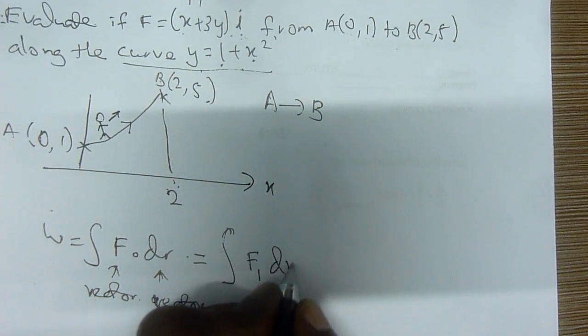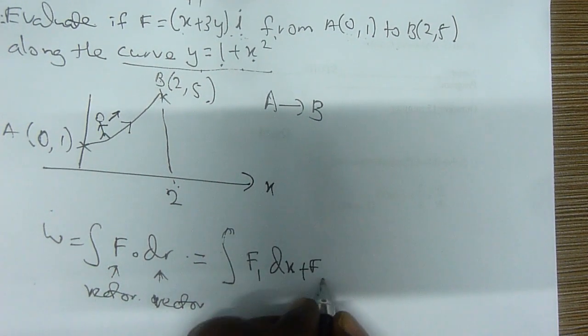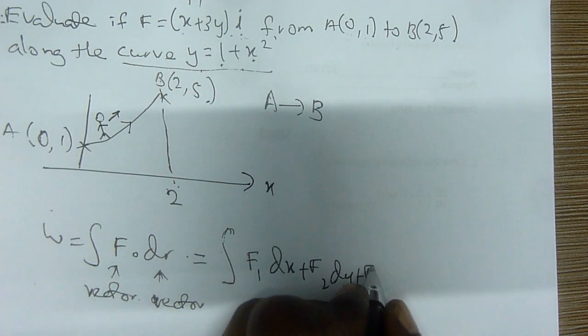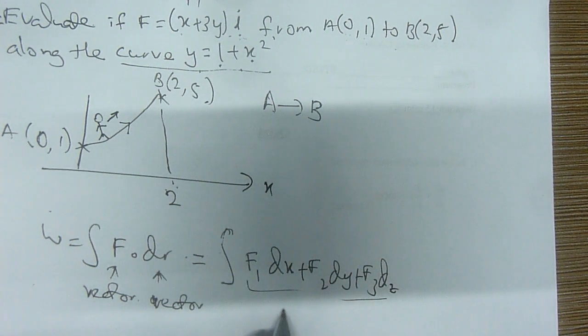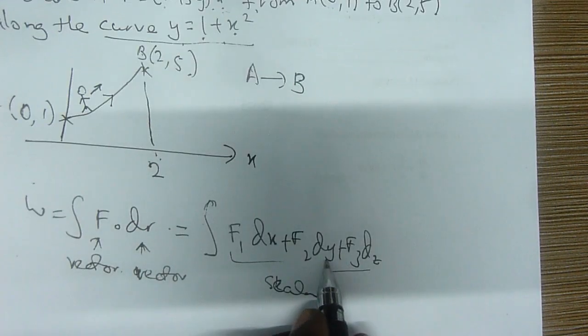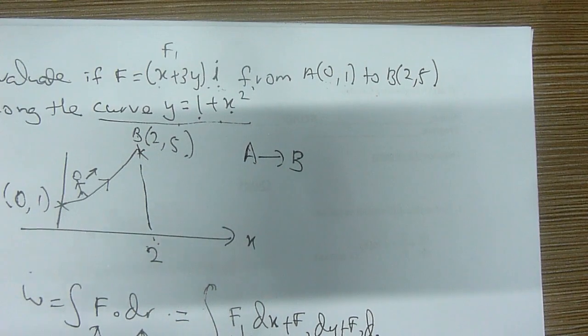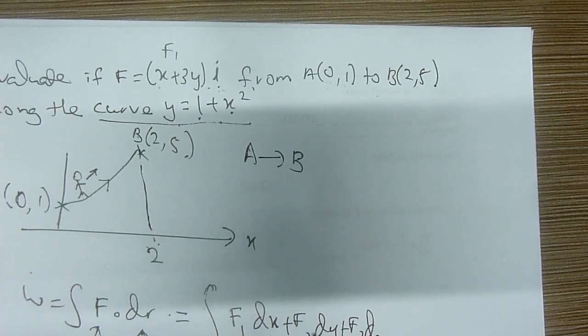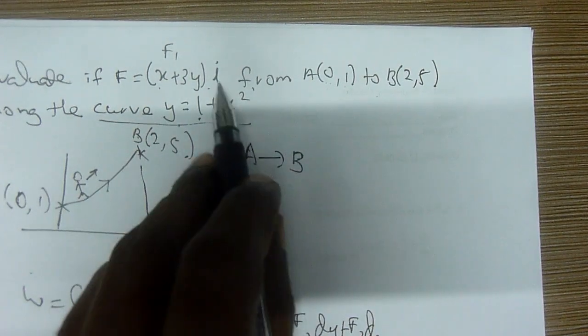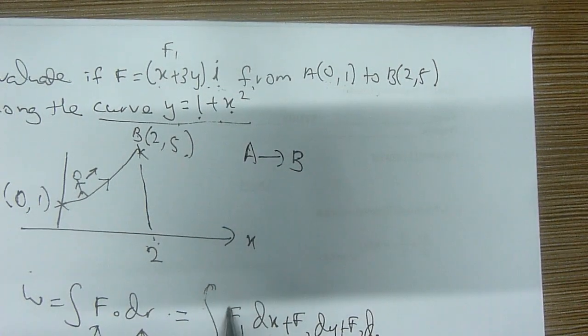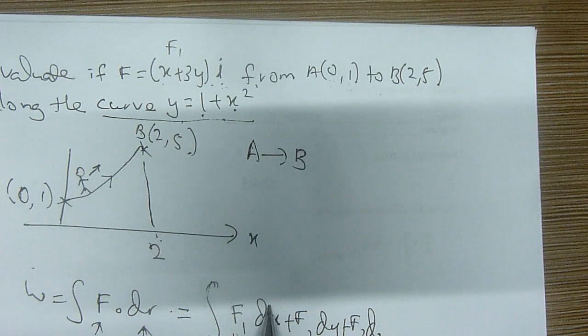It is the f1 dx, dy f2, dz f3 method, which is a scalar method. Now we know dy is not applicable in this case because there is no y term; you can see it's only i. That means we are referring to the f1 dx part only. f2 does not exist, f3 does not exist.